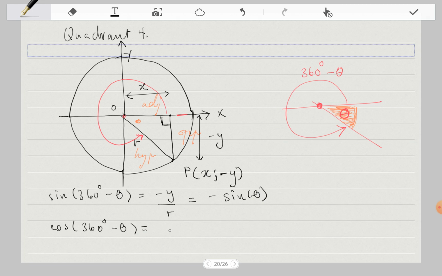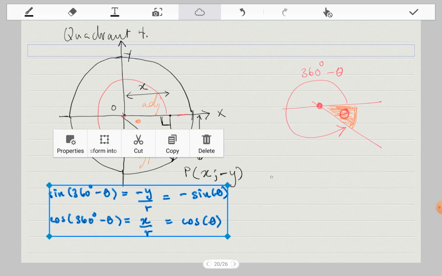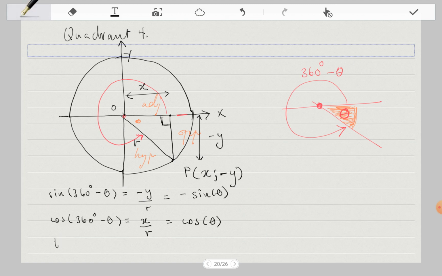And if we had a look at cosine, that would provide positive x over r, which would just give us positive cosine theta. And if we had to evaluate the tangent here, in the fourth quadrant it gives us opposite over adjacent, so it gives us minus y over x.